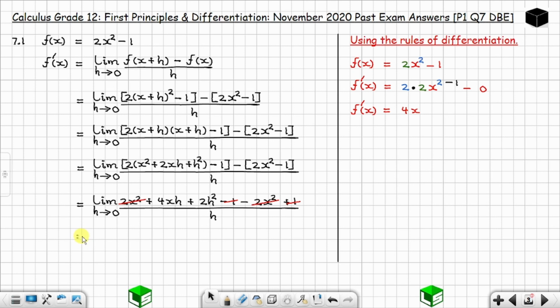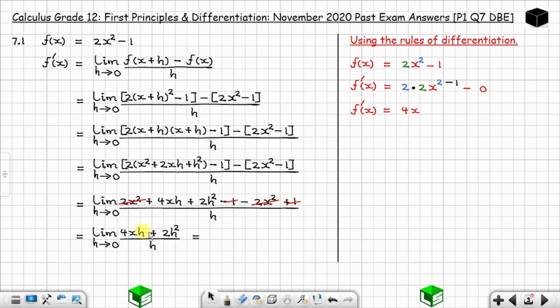So when you carry on, it will be the limit as h approaches 0 of 4xh plus 2h squared. So this is what you are remaining with, over h. I hope you can see that. And this is equal to, you can carry on by factorizing h.